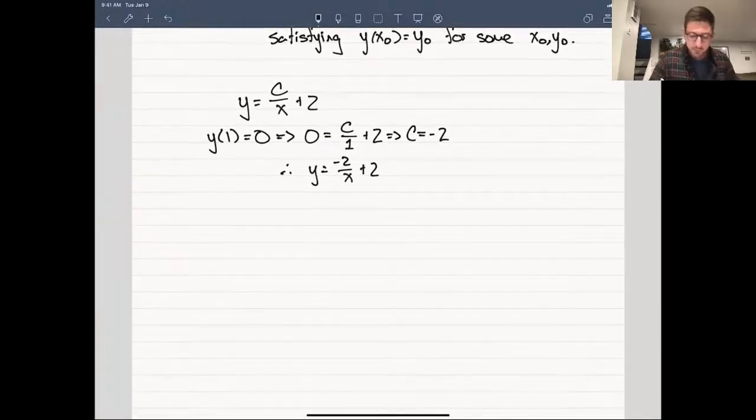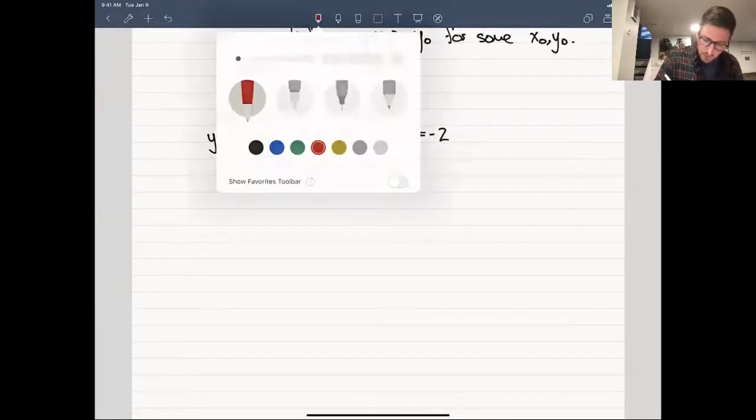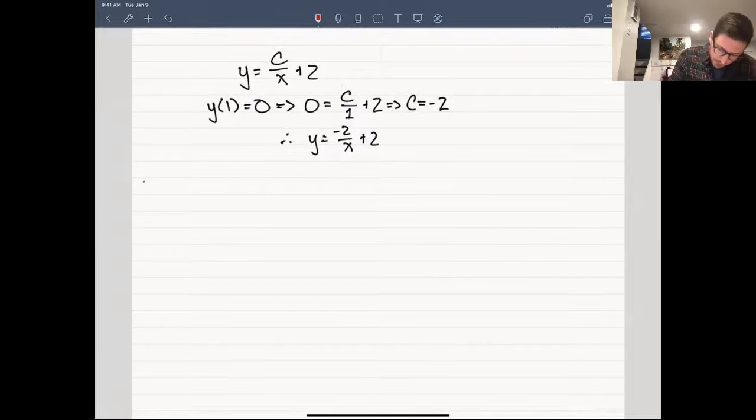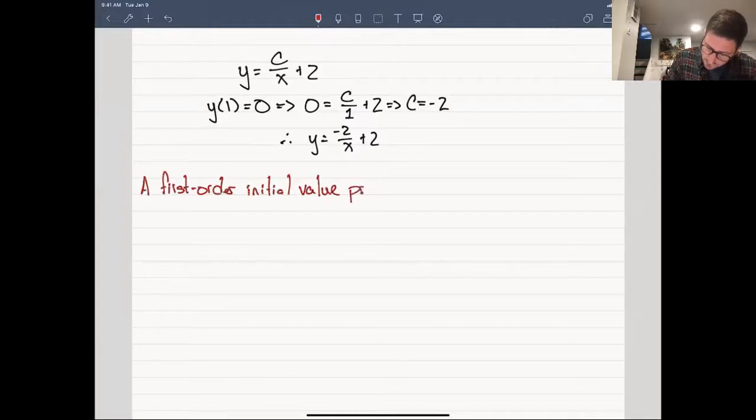And then sometimes what we like to do is couple the differential equation with our data. So we call this a first order initial value problem. You'll see this abbreviated a lot of the time to IVP.